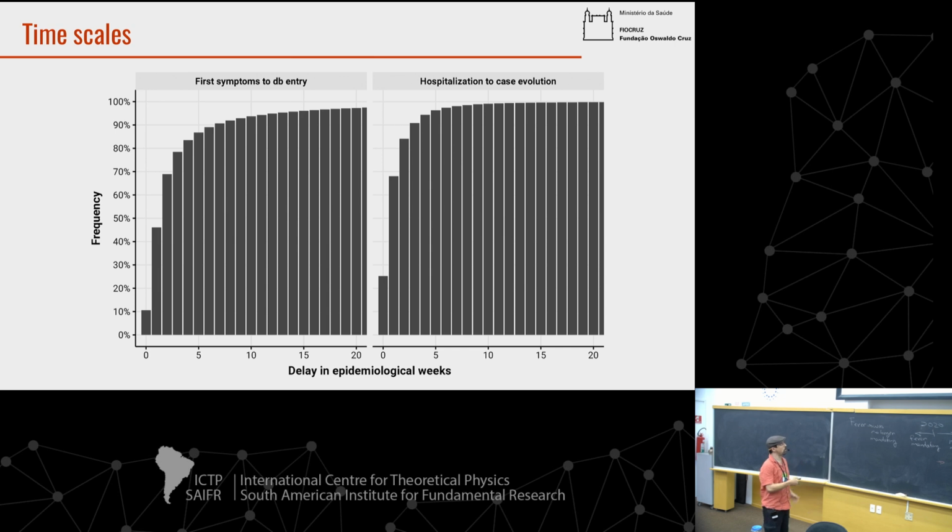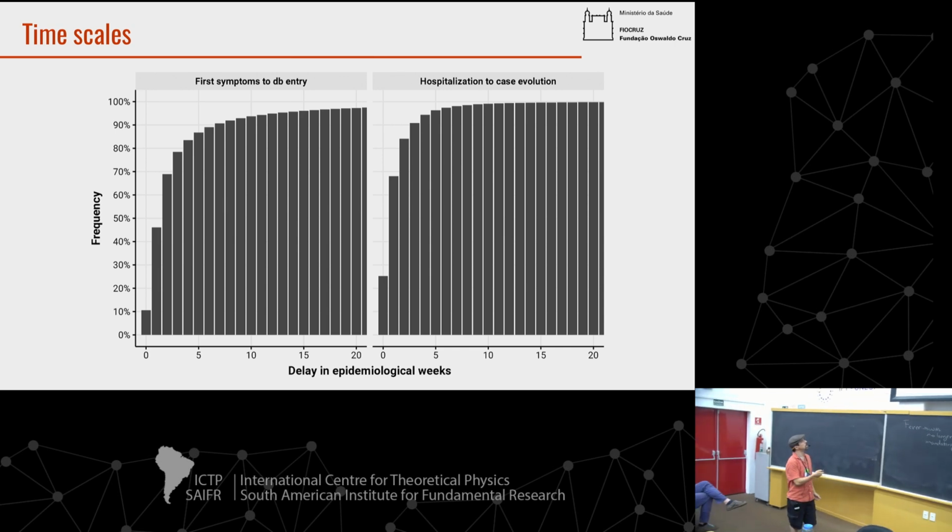Okay, so when it's actually visible in the system, and you can see that historically only 10% of the cases are inserted within the same epidemiological week, and we have to wait about 4 weeks, so more or less 1 month, to have 80% of the cases that already happened. This has a huge impact on my capacity to evaluate the current situation. Okay?